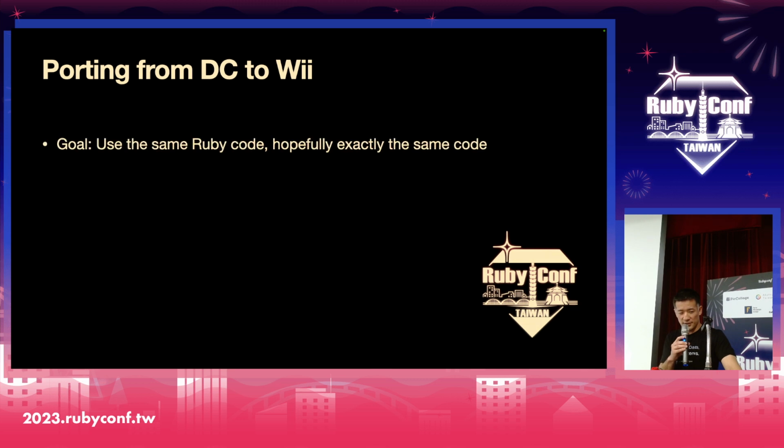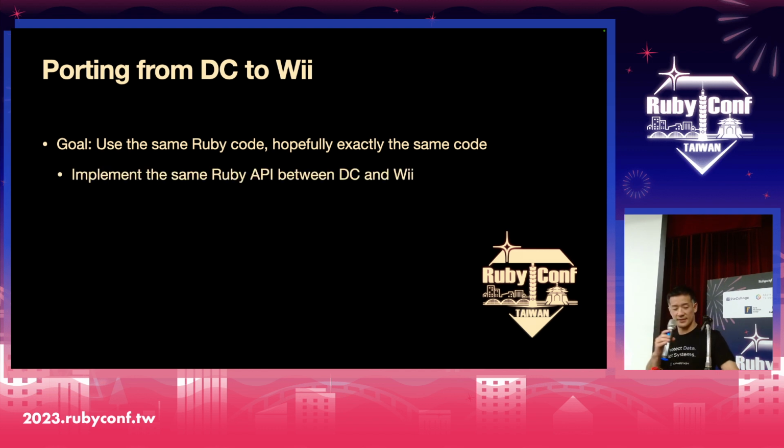And when porting from Dreamcast to Wii, the goal is to use the same Ruby code for both platforms, hopefully exactly the same. And that can be done by implementing the same Ruby API between Dreamcast and Wii.